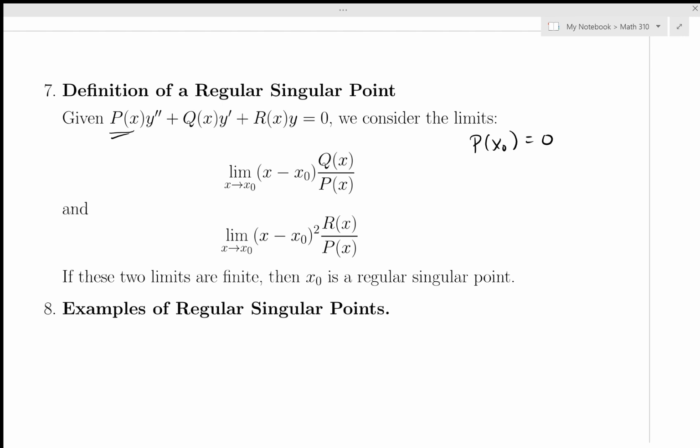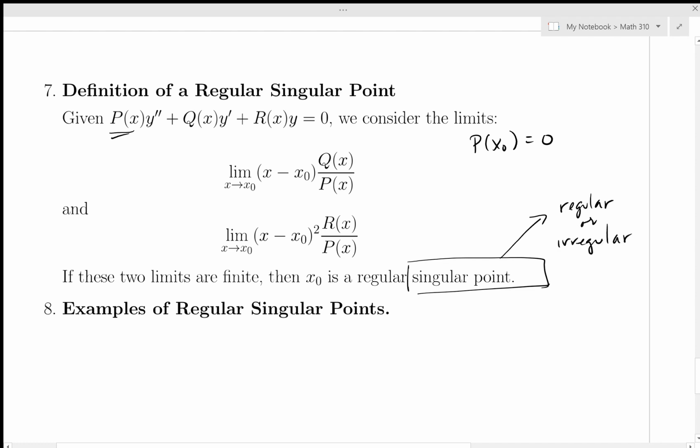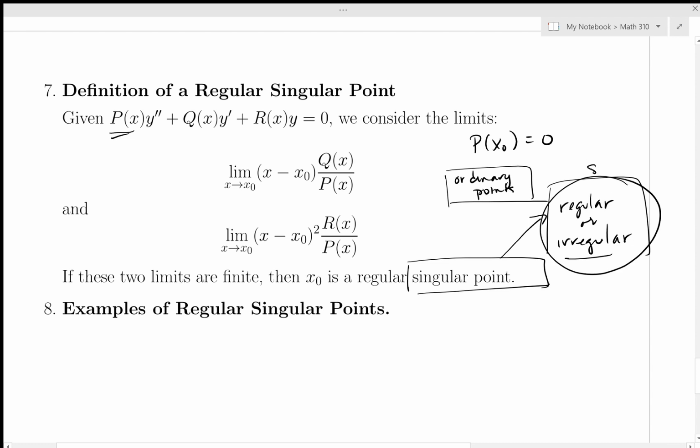Okay, so singular points have two possibilities. They can be regular, or guess what? Irregular. So first of all, there's a division of the points that we can talk about the series solutions into. We have ordinary points, this is our first division, and we have singular points.